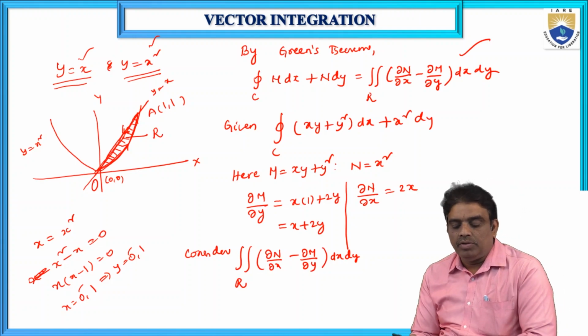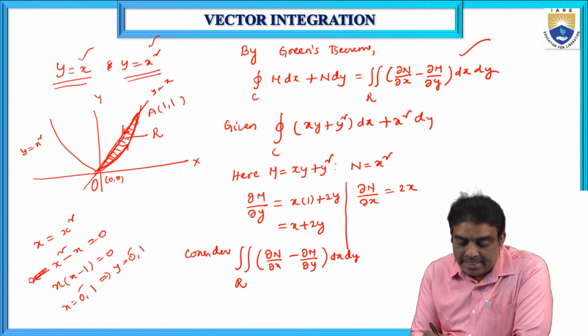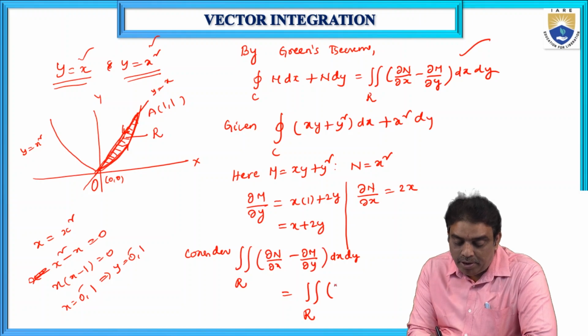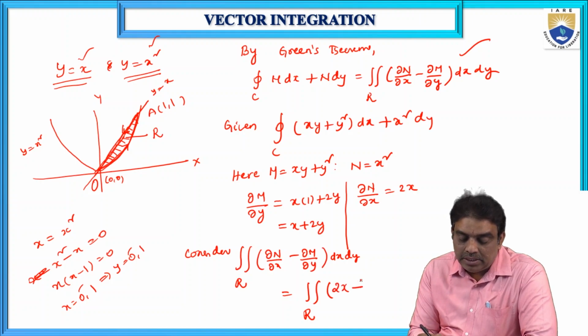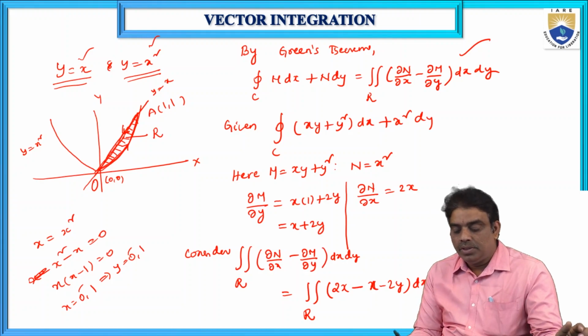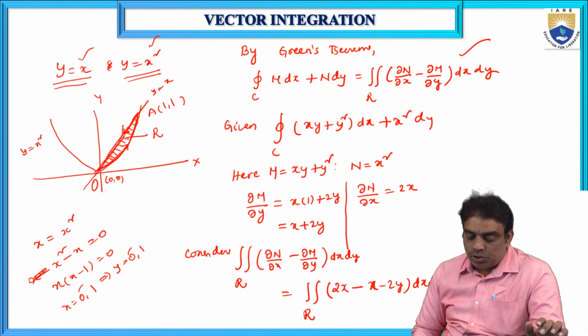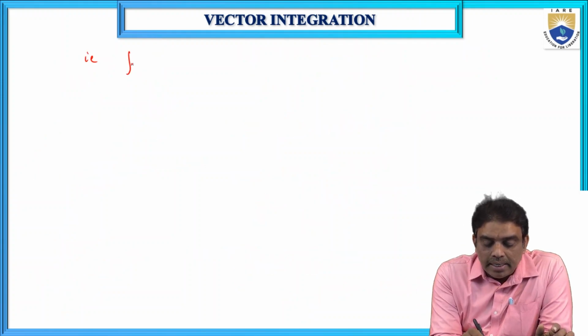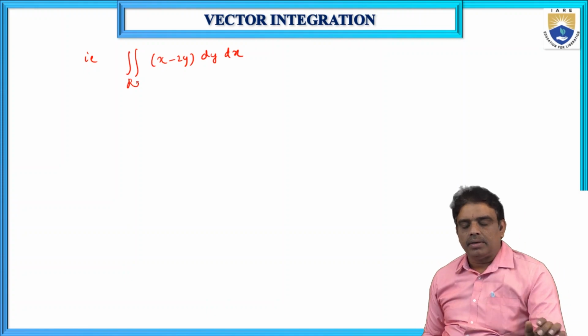First I would like to evaluate the right hand side term, that is the double integral over R. ∂N/∂x is 2x minus ∂M/∂y, that is minus (x plus 2y), and this is dx dy. So what is the value? x minus 2y, that is double integral of (x minus 2y) dy dx over the region R.